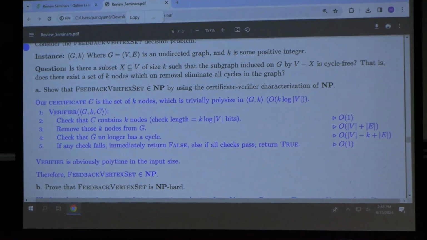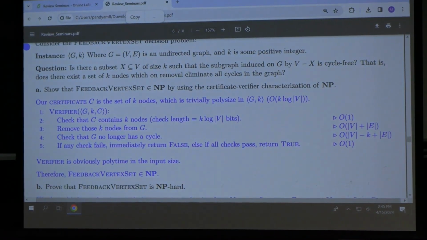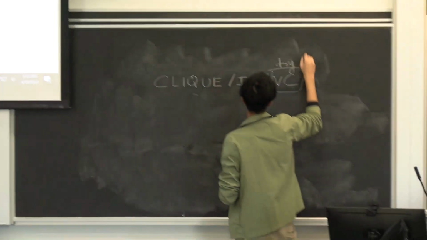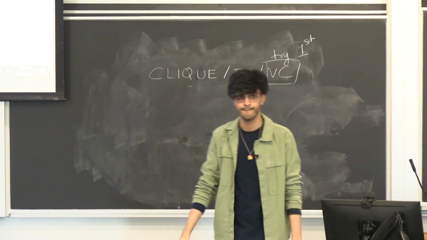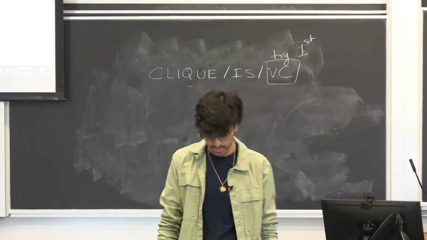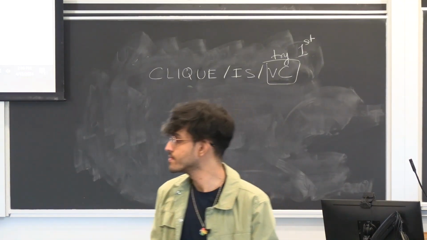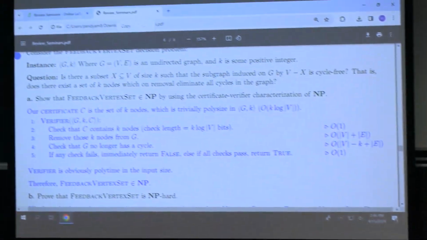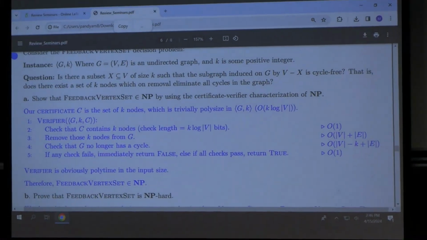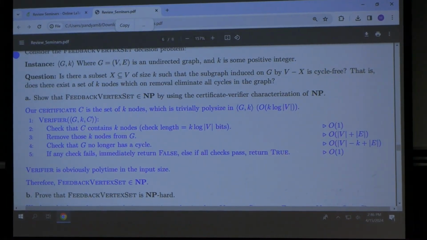So this is attempt 1. No, more so that your feedback set must contain, for every edge in the original graph, one of the two endpoints, right? And how do you force that?